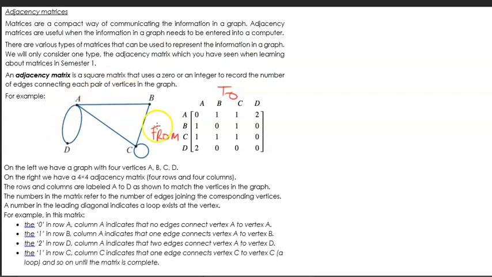We've got 4 towns, A, B, C, and D, and if a town is connected to another town, so from A to say B, we can see that there is a line that goes to this town. We have this 1 that indicates that it goes from A to B. So from A to B, there is a 1, meaning from B to A, we're also expecting a 1, because these connections are 2 ways.